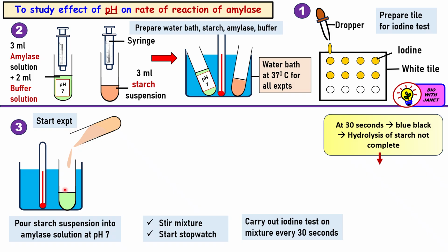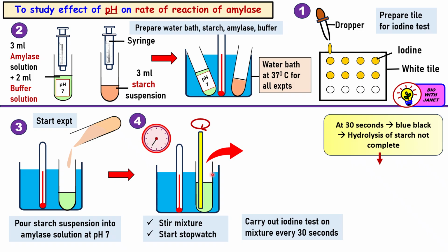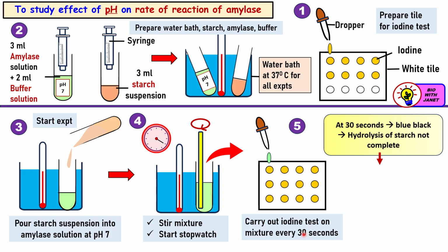Start the experiment by pouring the starch suspension into the amylase solution at pH 7. Then stir the mixture well, and start the stopwatch at the same time. Now carry out the iodine test on the mixture every 30 seconds.